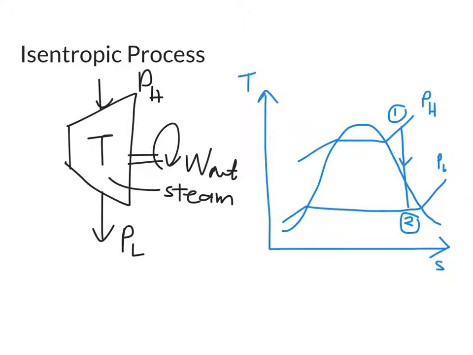So what does isentropic process mean? It means that you have the same S value. If you project this downward, your S1 here is going to be the same as your S2. Why? Because during the flow of your steam from the inlet to the outlet, labeled as 1 and 2, there's no friction on your working fluid.